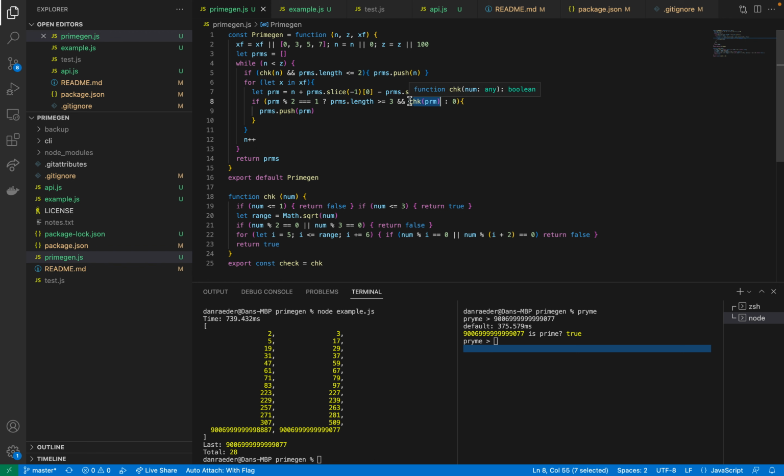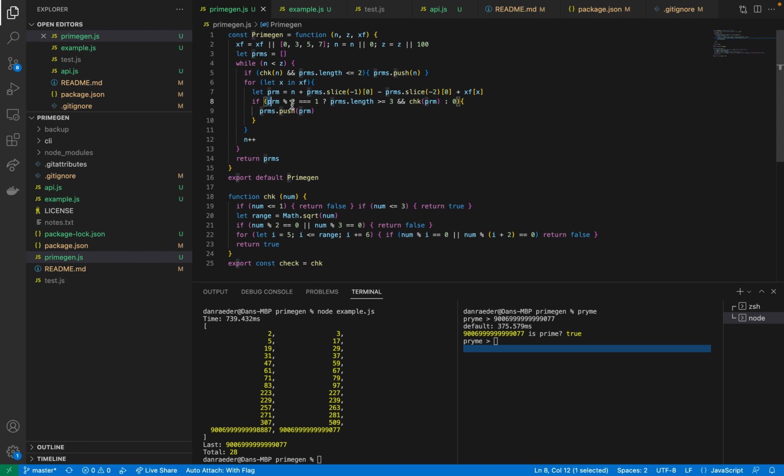And I tried my best to get rid of the check, but I think I'm going to have to use it. So it basically says n plus the previous prime minus the prime just before that plus x factor. And that's pretty much the entire formula if you add the check in as well.